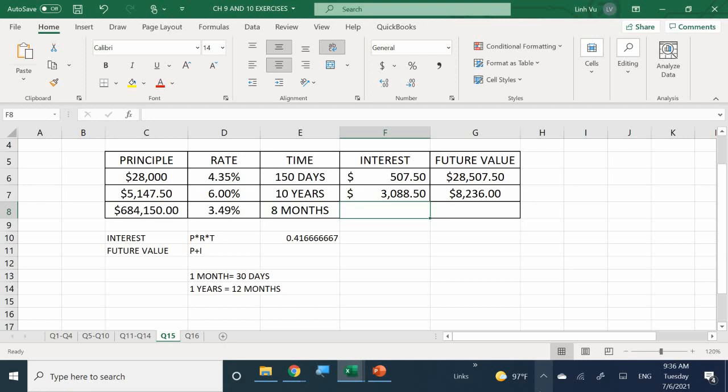So the principal times 0.0349 times 8 divided by 12, that brings you the answer? Yes, you could do 8 out of 12. It should give you the same exact answer. You don't have to do 8 divided by 12 first and then apply it into the formula. Okay, got you.